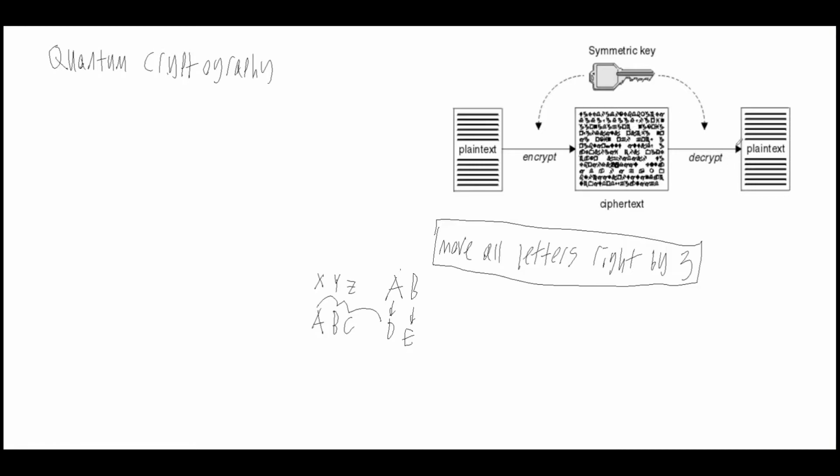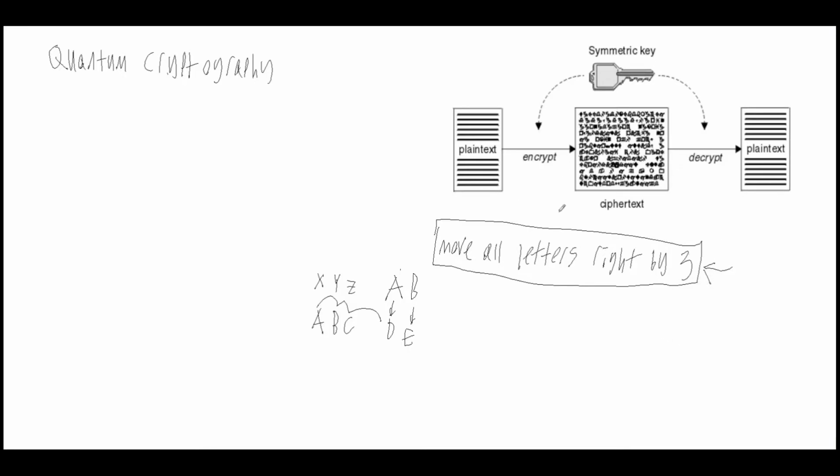Then your friend would receive it, and they have the key, so their key could tell it to move everything back to the left by 3, and that would turn it back into plain text. Well, with encryption in computers, they use a little bit more sophisticated strategies for this. But for our purposes, I just wanted to point out what a key might look like.